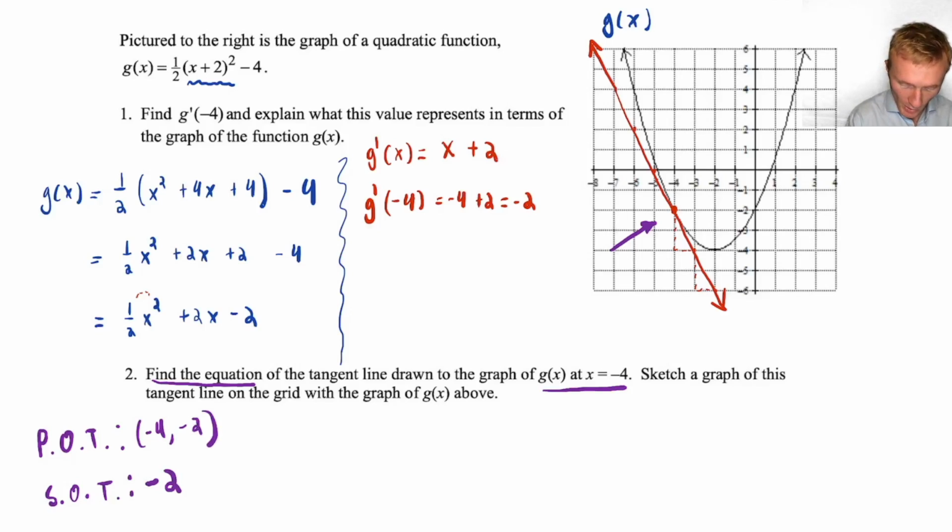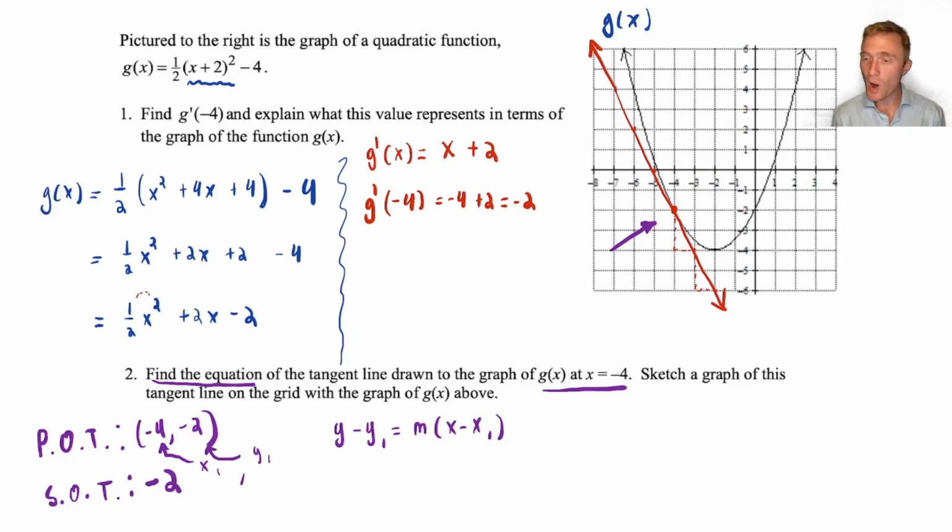If we have a point and a slope, we can plug into point slope form. Y minus y1 is the slope times x minus x1. To be clear, that is your x1, that is your y1. That's all x1 comma y1 means, it means pick a specific point.